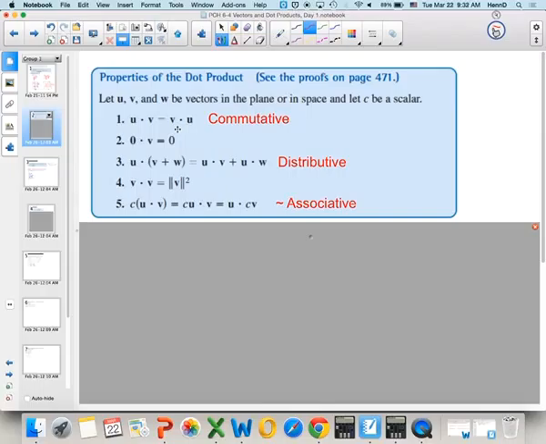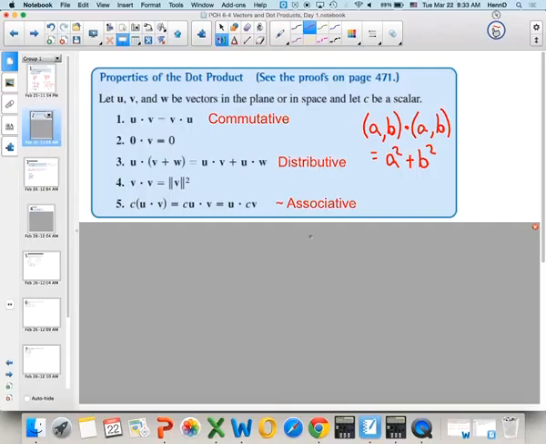This one's kind of an interesting one. If you dot a vector with itself, which, by the way, we do not write as v squared here, you actually end up getting the magnitude squared. If you think about that one, it makes sense. If I have a vector v that is ab, if I do ab dot ab, a times a is a squared plus b squared.